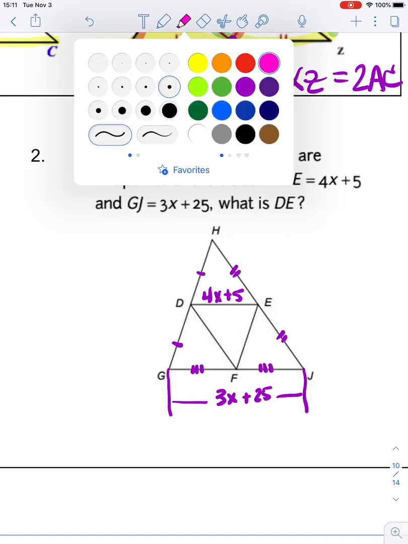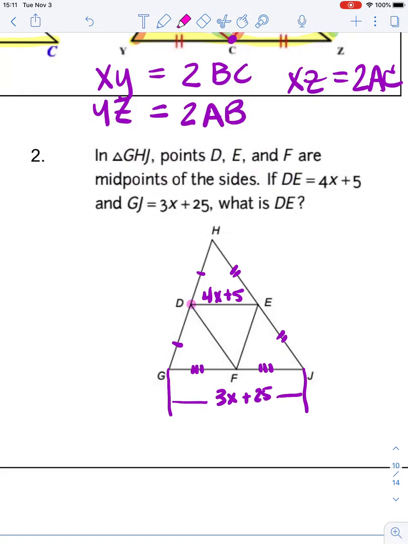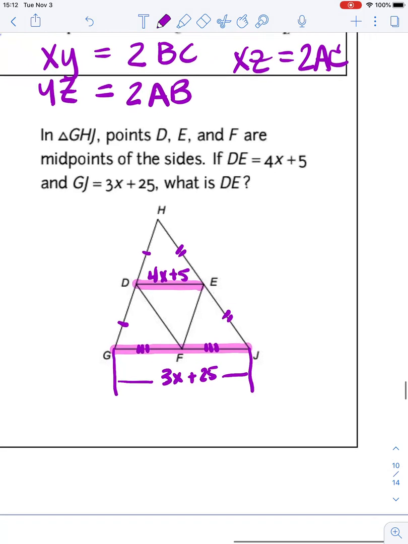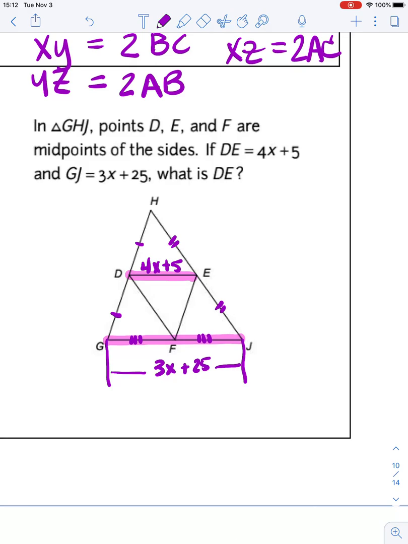In order to do this, we're going to need to solve for x. Well, remember, think about what makes sense. How many DEs does it take to make one GJ? It takes 2 DEs. So GJ is equal to 2 DE segments.